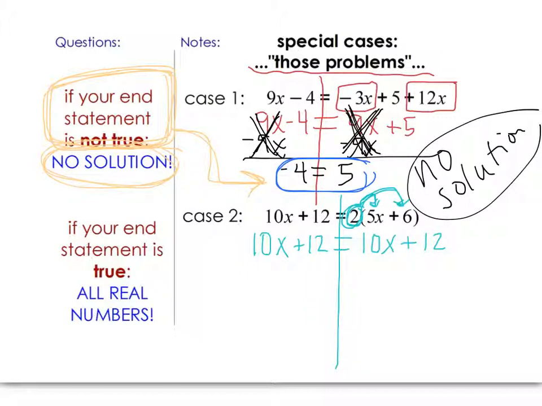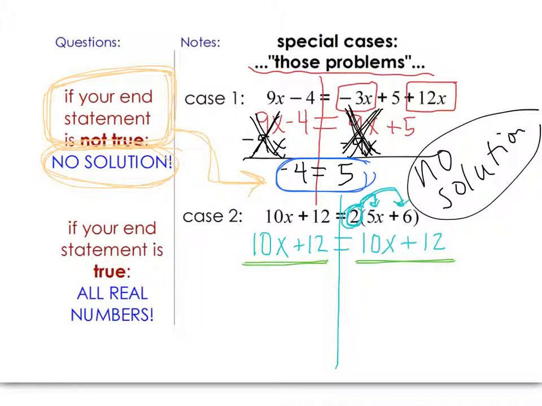Hold up. Don't these look the same? 10x plus 12 equals 10x plus 12. Isn't that the same thing on both sides of my equal sign? The exact same thing, 10x plus 12 equals 10x plus 12.